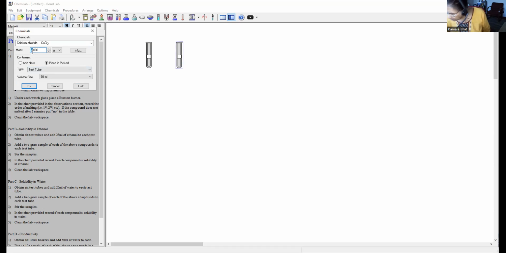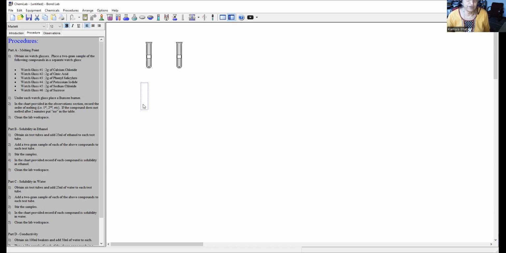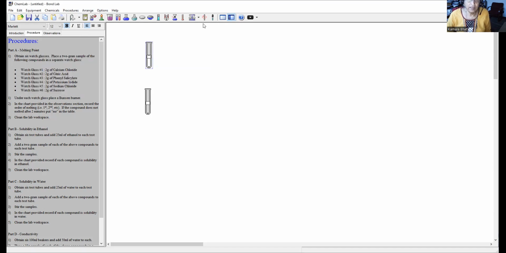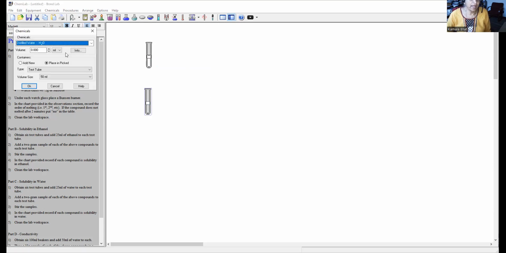So that way you don't mistake it. Now, if you think you're going to make a mistake, then set up 2 different rows, one below the other. In the first row, you're going to add 25 mLs of water. And then in the second test tube, you're going to add 25 mLs of ethanol.